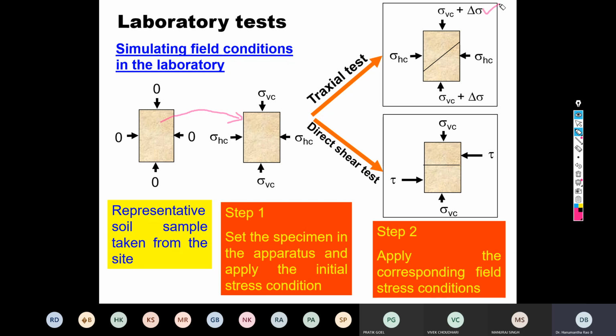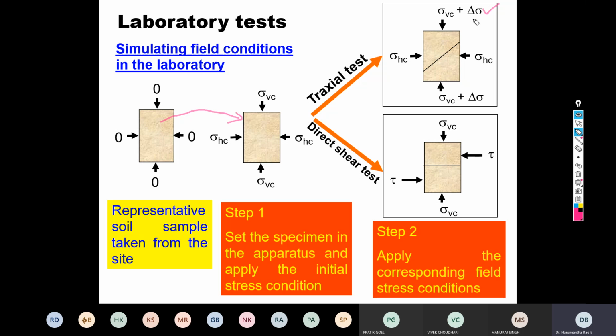Then you have to understand one thing here. When I say the field condition and when I say the application of the delta sigma, we can understand it in two steps. In step 1, I can increase the delta sigma until this delta sigma is equivalent to the footing load. So this is condition 1.